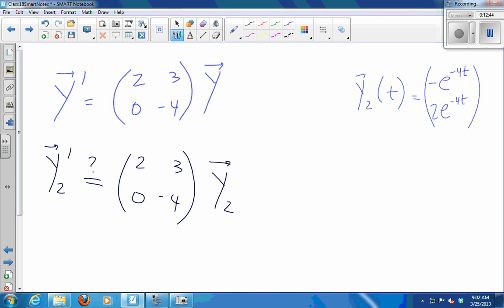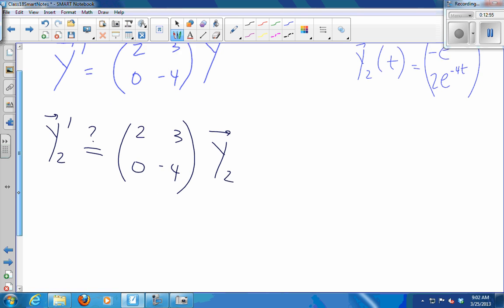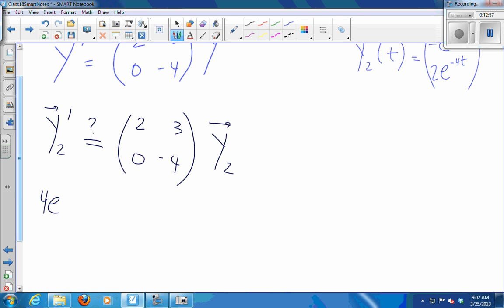Okay, so I take y2 prime. To take the derivative of a vector, you just take the derivative of each component. So this is going to become 4e to the negative 4t, and the derivative of 2e to the negative 4t would be negative 8e to the negative 4t.